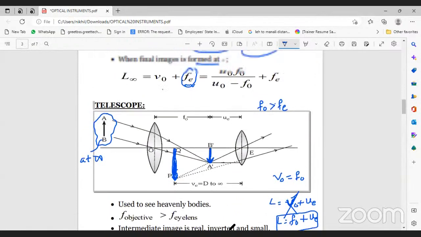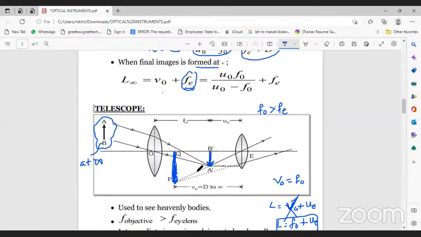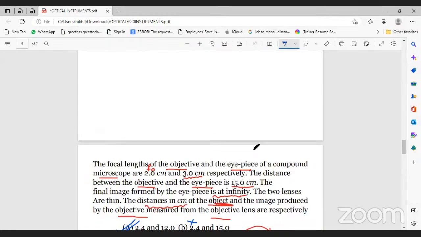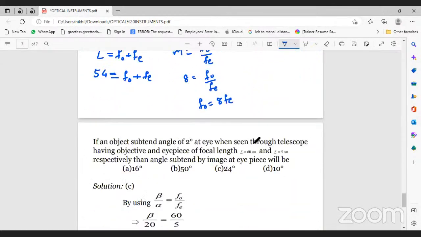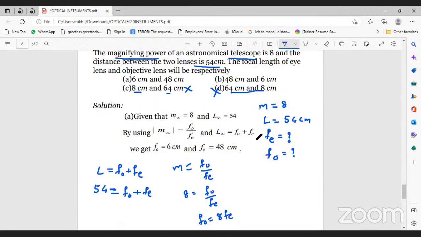In the case of the telescope, I've written one term here. Focal length of objective lens should be more than the focal length of the eyepiece. Clearly you can tell that focal length of objective lens should be more than the focal length of eyepiece for a telescope, no?